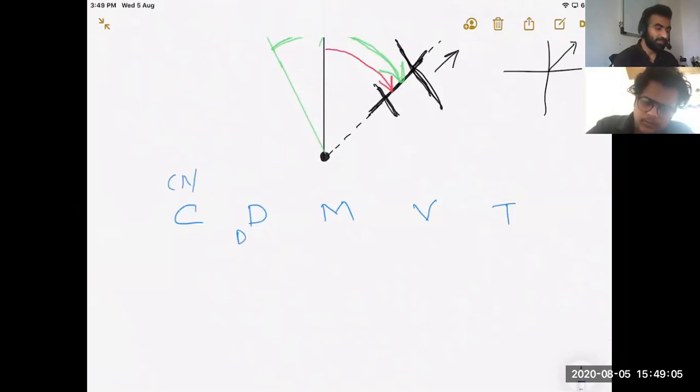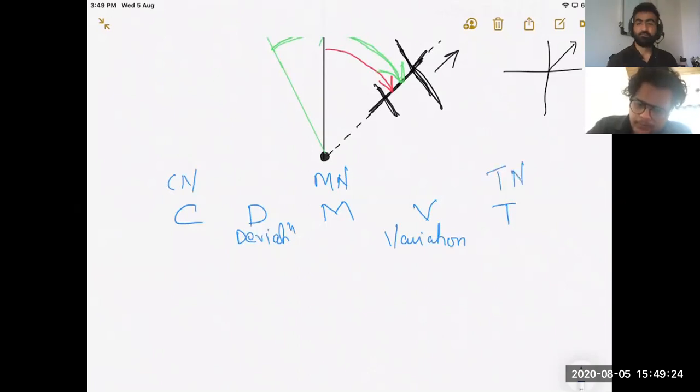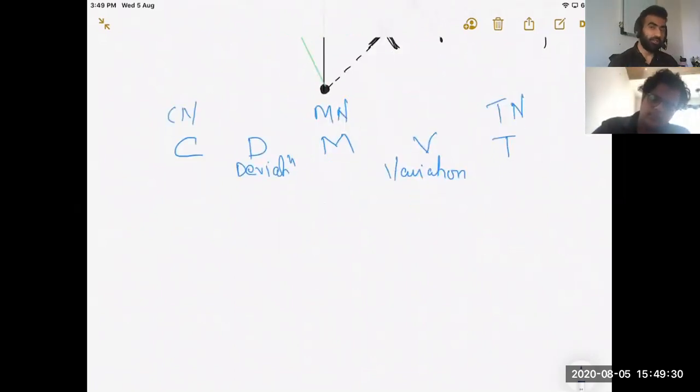D stands for deviation. M stands for magnetic north. V stands for variation. And T stands for true north.